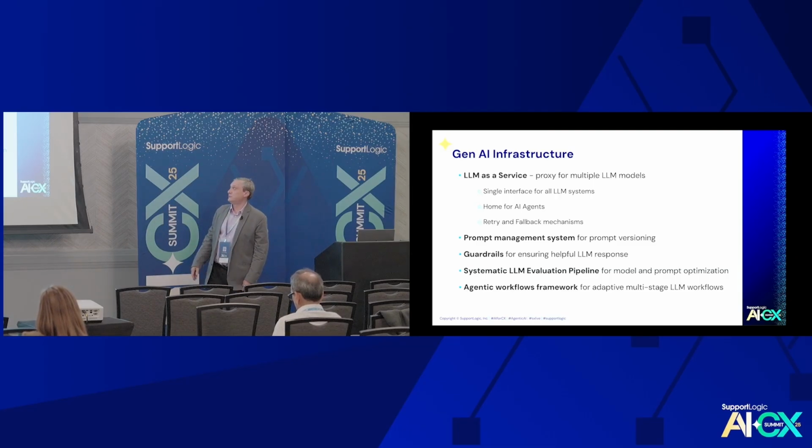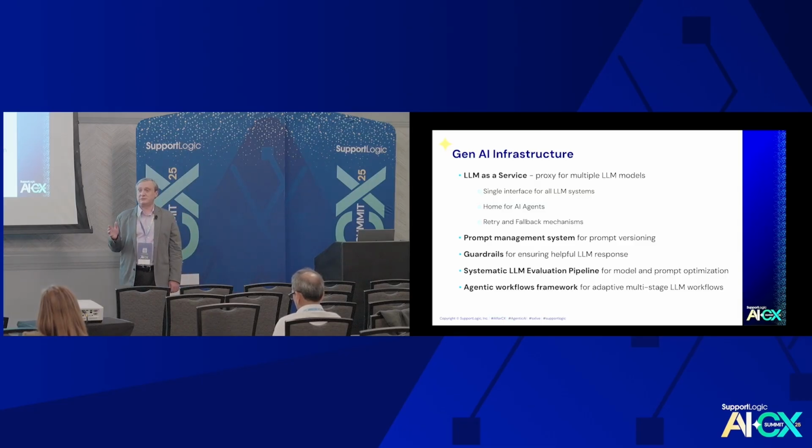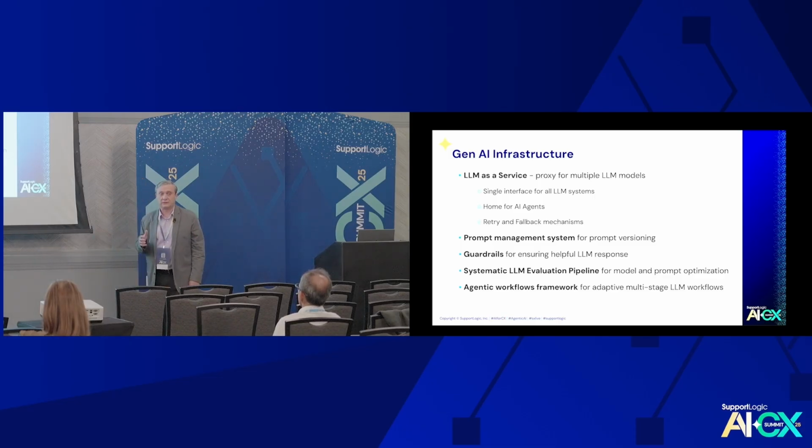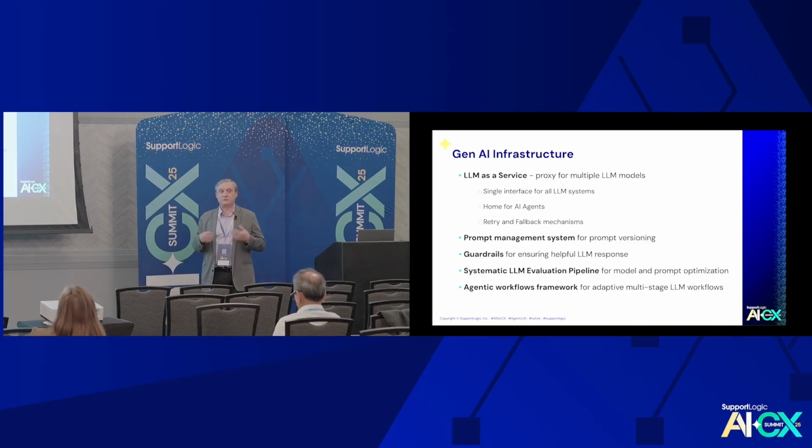And what is really important, it also has a systematic evaluation pipeline, which means that we can always evaluate how the new model works against the customer data, how the new prompt works, or their combination. So this helps us always to choose the best model and the best prompt.